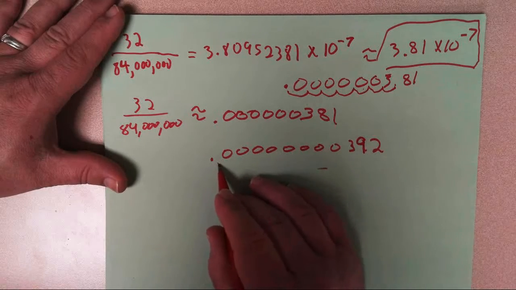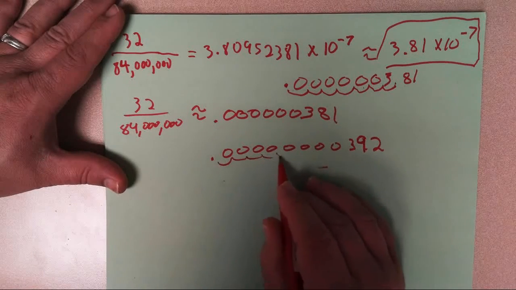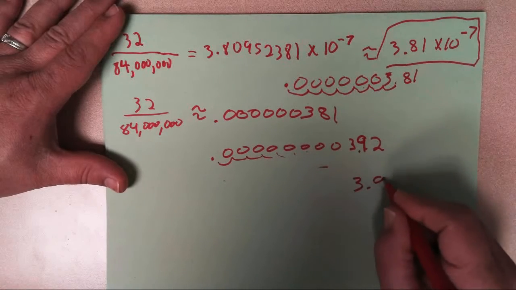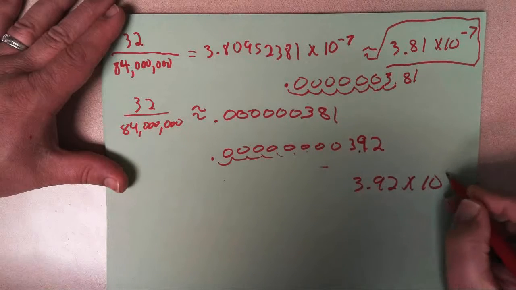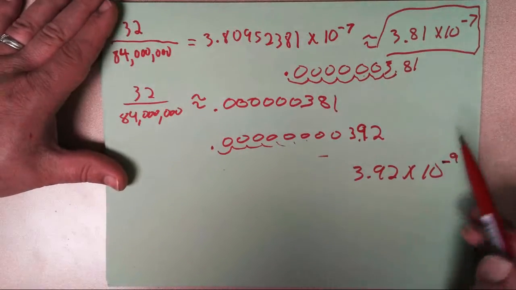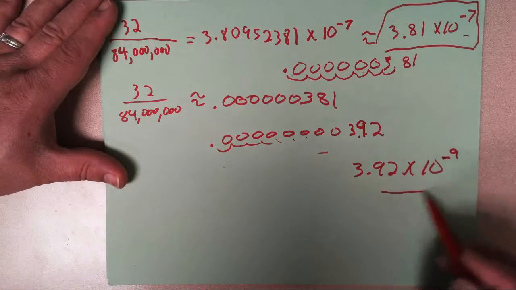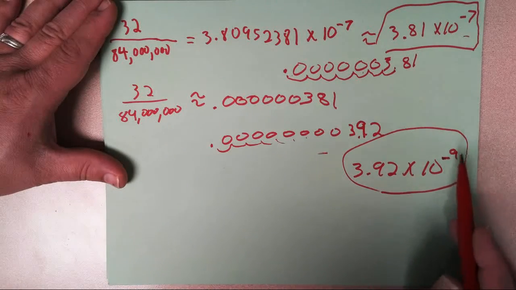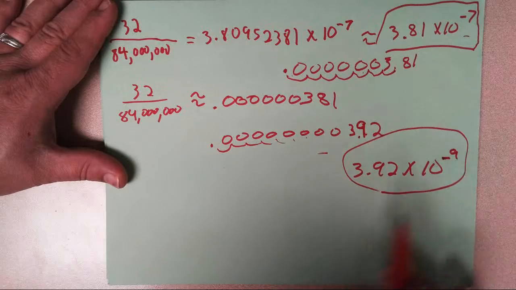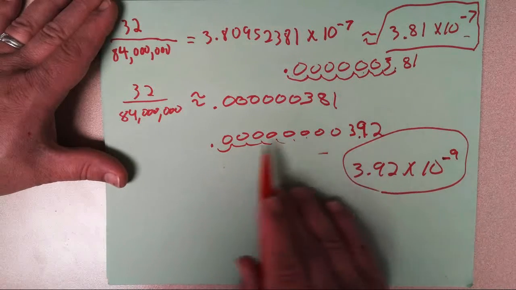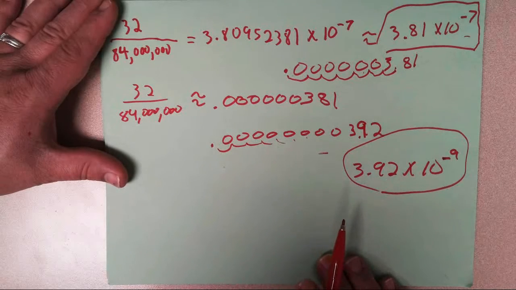So if I move this, I would have to move this back 1, 2, 3, 4, 5, 6, 7, 8, 9 places. And I'd get 3.92 times 10 to the -9 right there. And so I could compare these two and I would know this is the smaller number because it has the smaller exponent. -9 is less than -10. So this, you're moving the decimal point over more places to get this really, really small number.